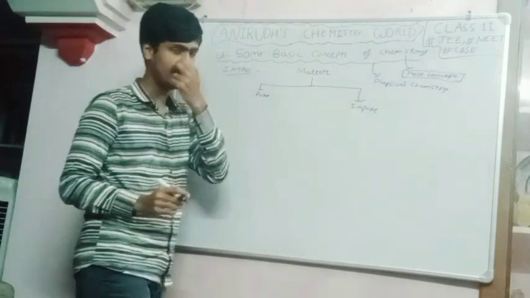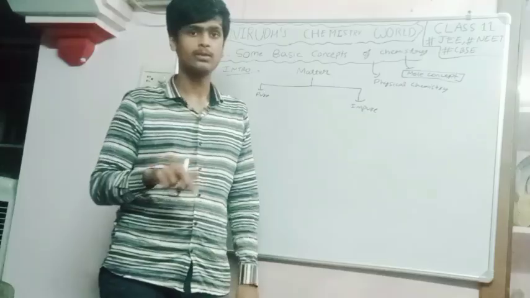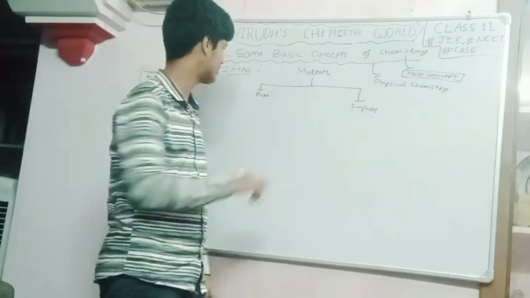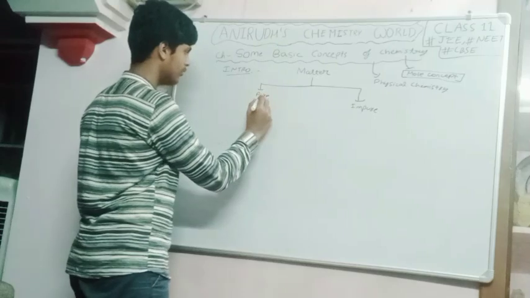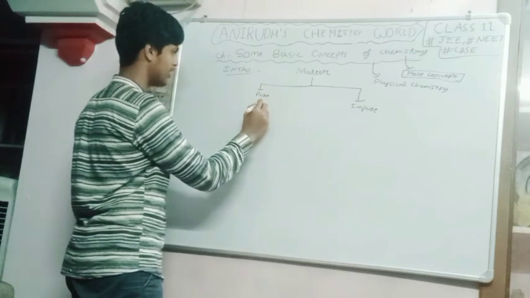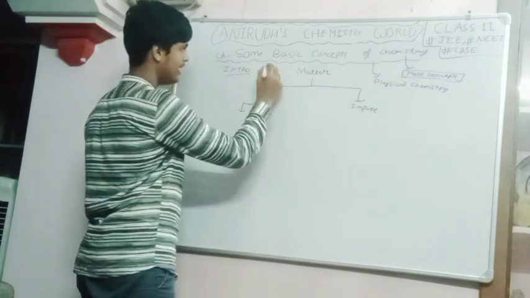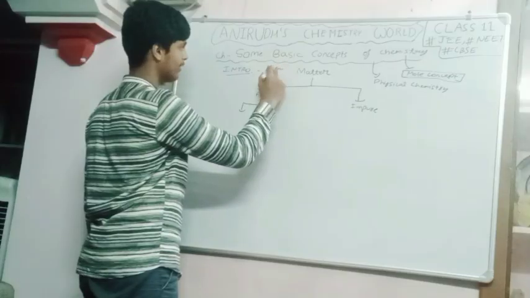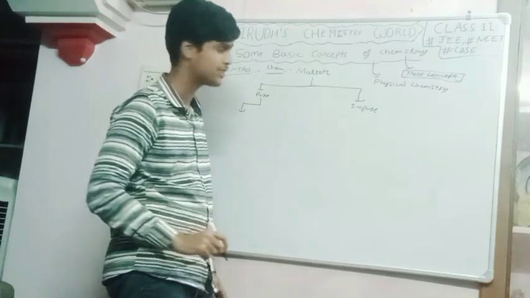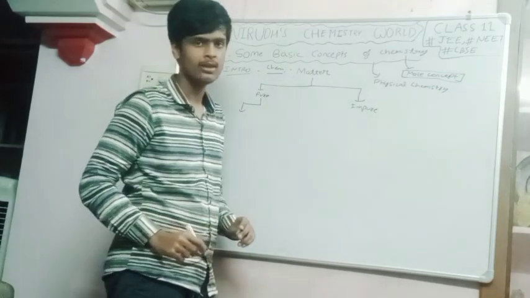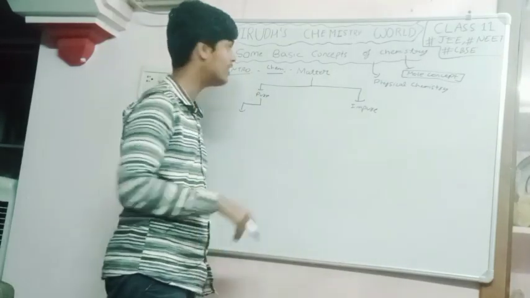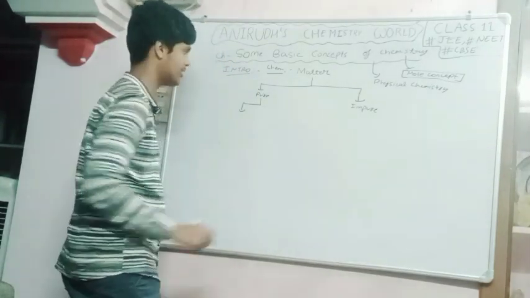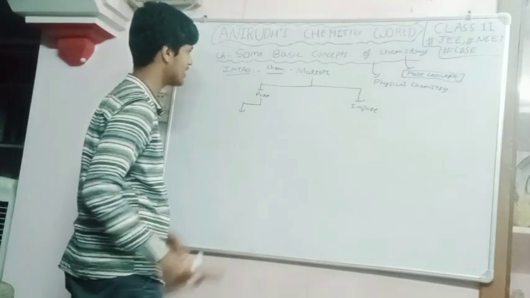First one is pure and another is impure. In pure, we have again some classification. I am writing about the chemical classification of matter. Based on the chemical classification, I could also write about the physical classification, but in chemistry we will focus mainly on the chemical classification itself. So this is chemical classification.